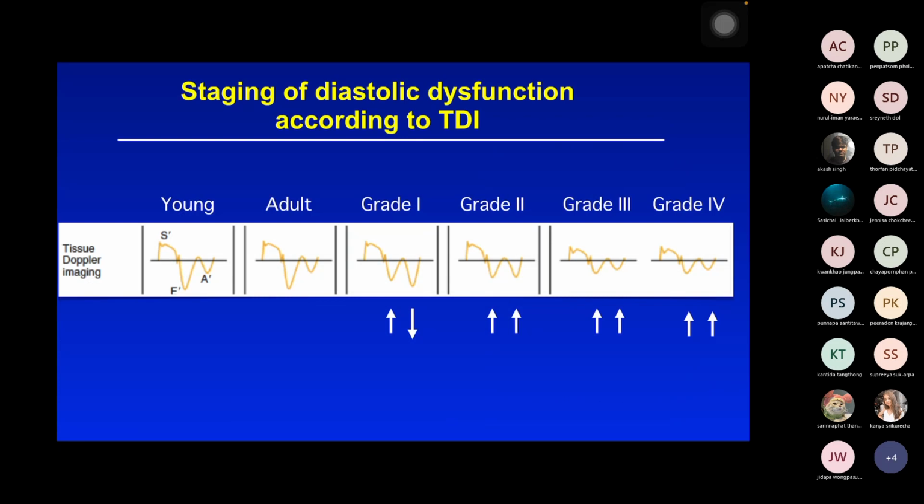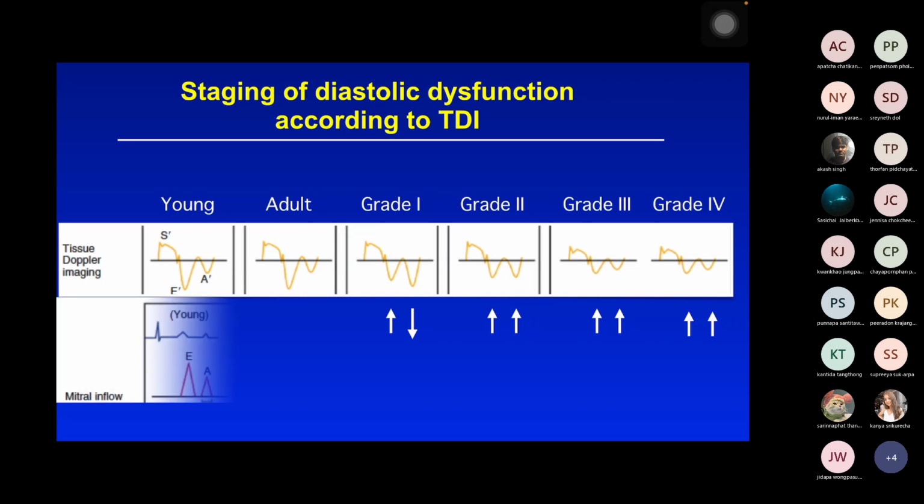Okay, when you obtain the medial and lateral E prime tissue Doppler velocity, we use this to classify diastolic dysfunction into grades 1, 2, 3, and 4, similar to the MV inflow Doppler.